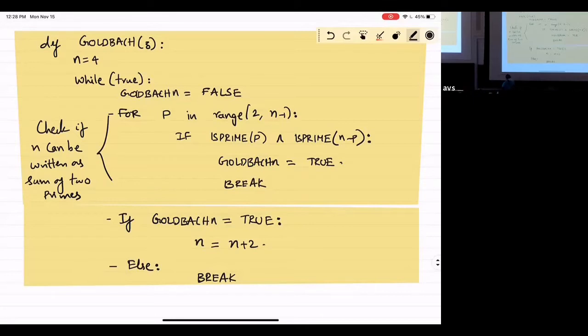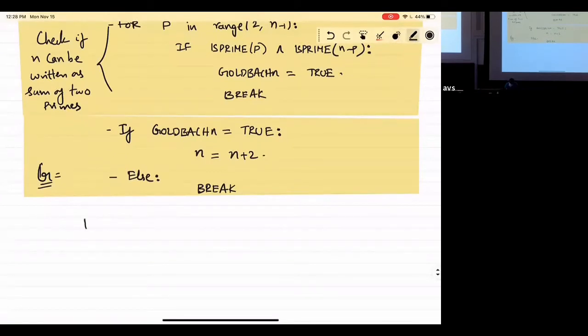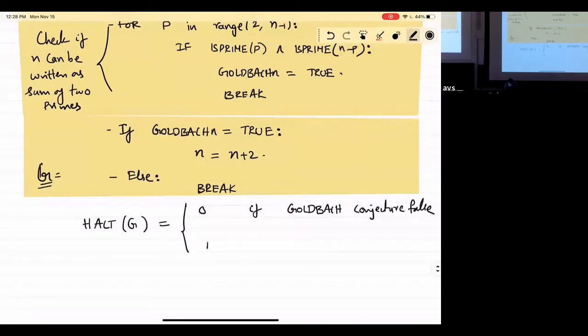So this is a pretty simple program, right? And halt of this program, let me call it G, is zero if Goldbach conjecture false, one else.